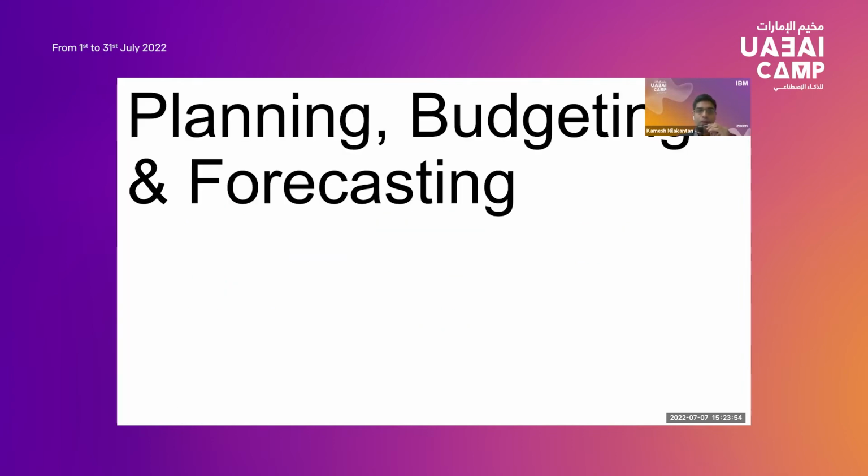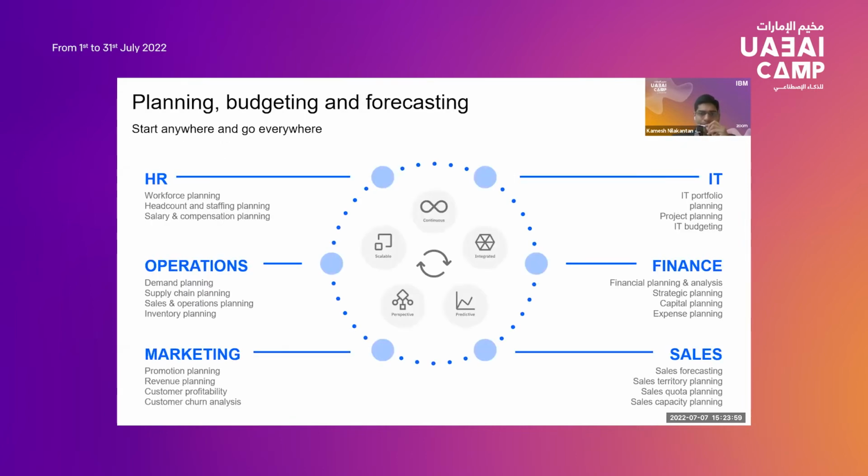Let's look at the first one, which is the planning, budgeting, and forecasting solution. Now, every department in the business, it's not just restricted to, say, finance. Traditionally, it used to be heavily used by the finance department within any organization, but today every department needs it, be it HR when they want to do any kind of workforce planning, salary plans, the increases, and so on and so forth, IT related to IT budgets, project plans, operations, supply chain, finance.